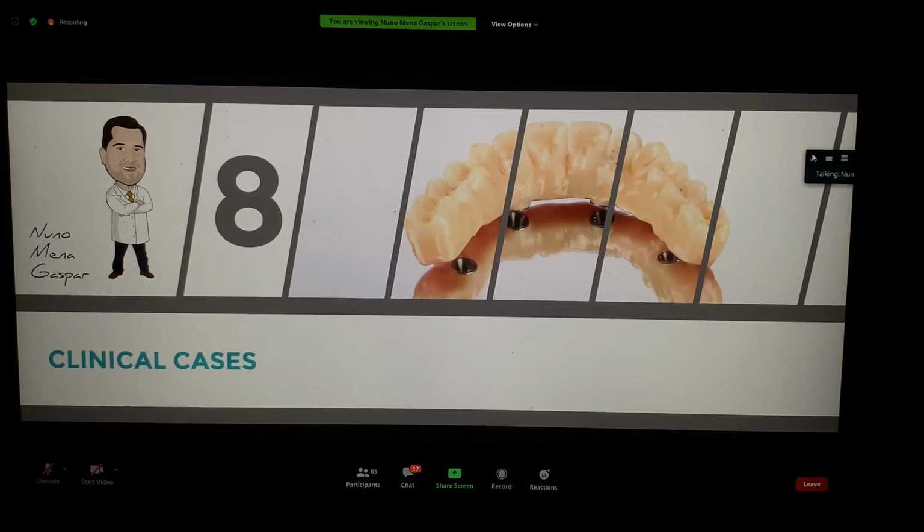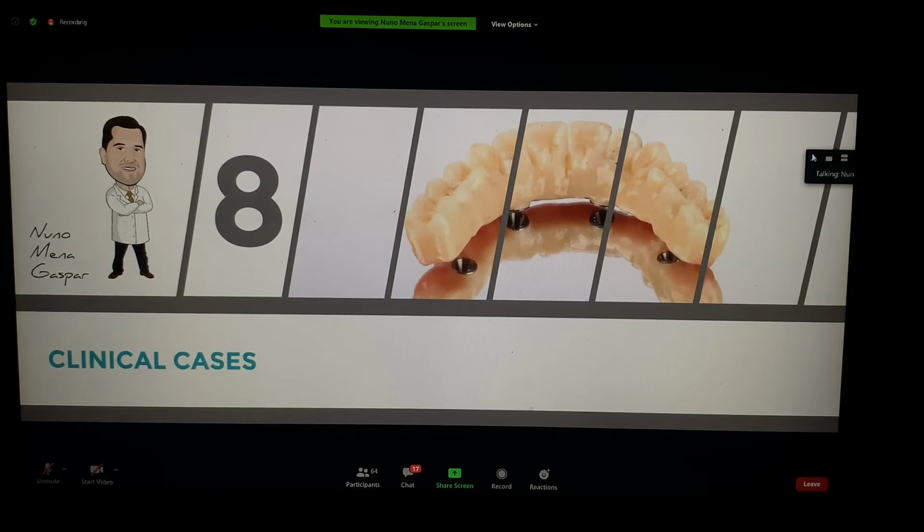Well, like I said, only insertion torque value is not enough to understand if you have enough primary stability to load or not. That's my opinion. Besides that, if you do a sinus, you will have to understand that in some circumstances, it's better not to load the implant.